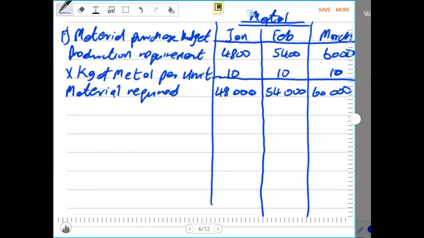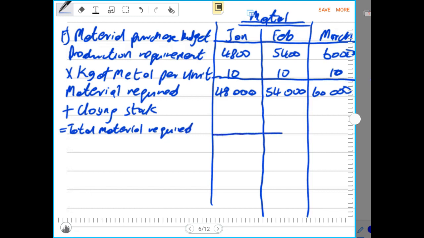Then from this stage, we always have to add the closing inventory or the closing stock of material. Then that will give us the total material required.